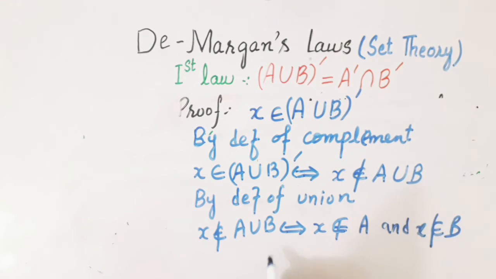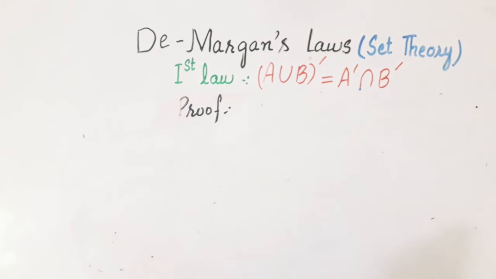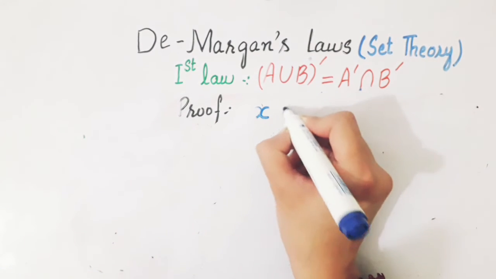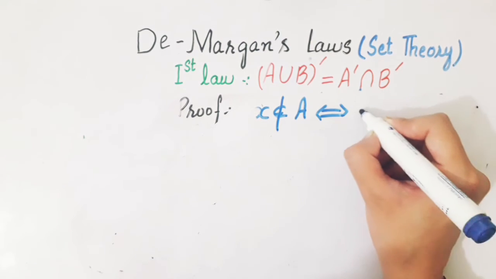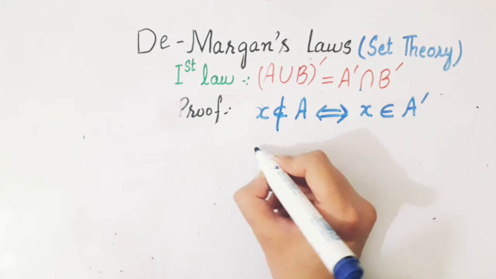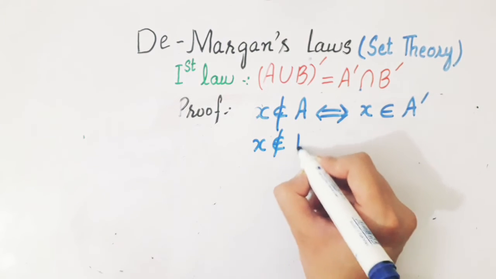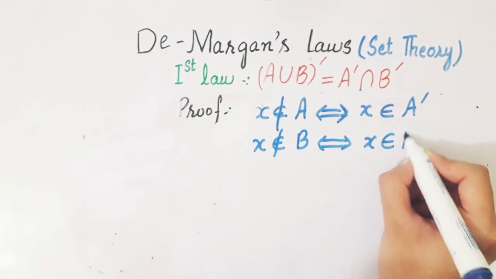Now we will go back to complements. x does not belong to A, which both ways implies that x belongs to A complement. And we have x does not belong to B, which both ways implies that x belongs to B complement.